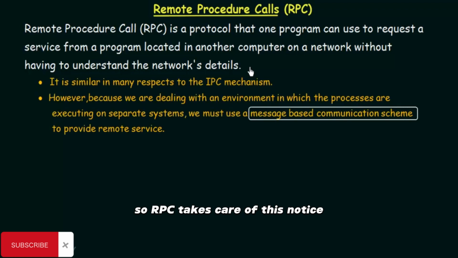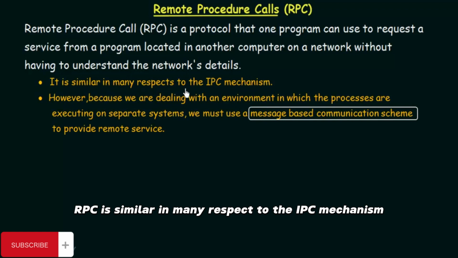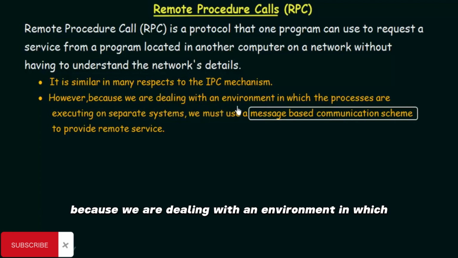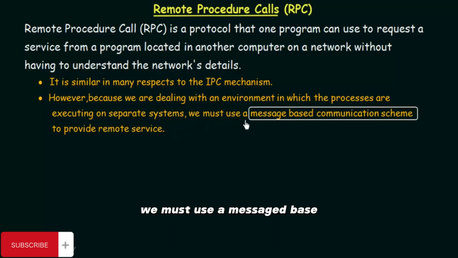Notice, RPC is similar in many respects to the IPC mechanism. We have studied IPC, which stands for inter-process communication. RPC is similar to IPC in many ways; however, because we are dealing with an environment in which the processes are executing on separate systems, we must use a message-based communication scheme to provide remote service.